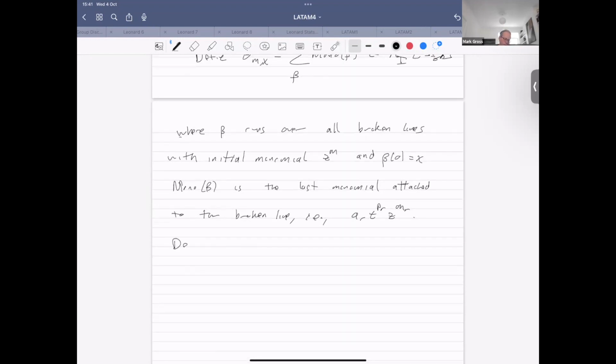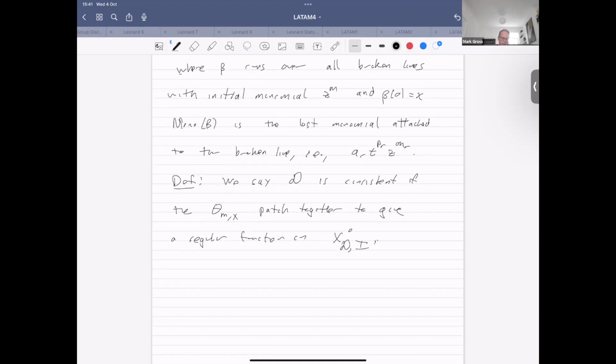Okay, so, key definition. Say D is consistent if the theta_{m,x} patch together to give a regular function on X circ D_i.